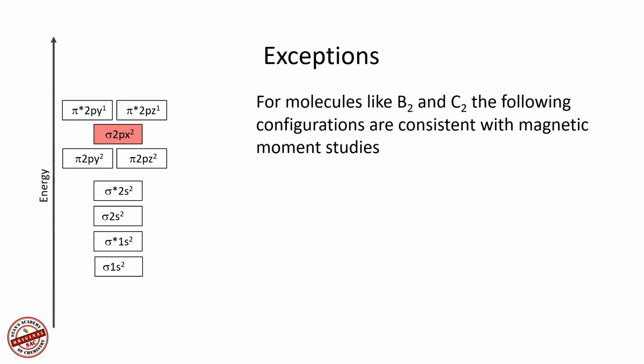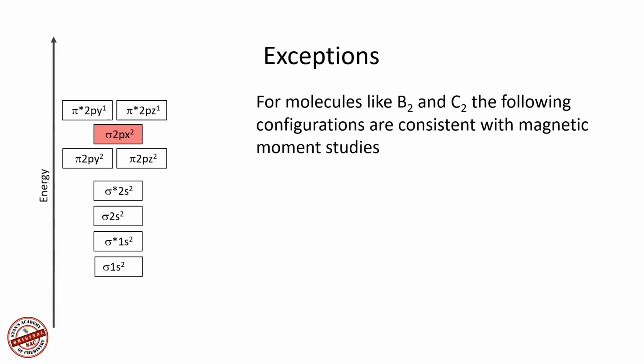Studying the magnetic behavior of boron and carbon has shown that we cannot explain it using valence bond theory. If you use the regular electronic configuration, it does not explain the magnetic behavior either. But it is consistent with an altered electronic configuration for the molecular orbitals, because of internal repulsion between the molecular orbitals that are formed.